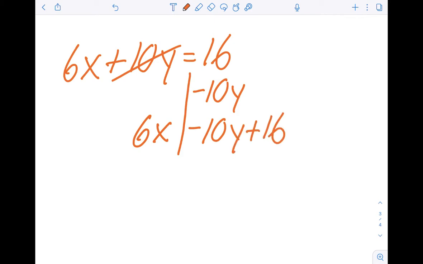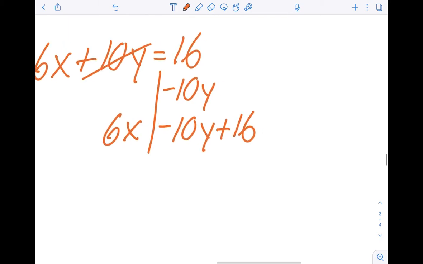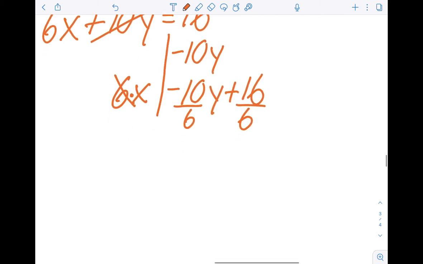Now x is almost by itself, but this says times x. So the opposite of multiplying by x is dividing. So I have to divide both of these numbers here by 6. So I am left with x is equal to negative 10 over 6.